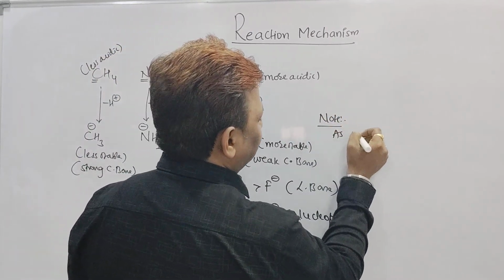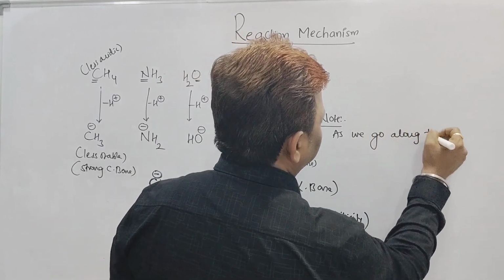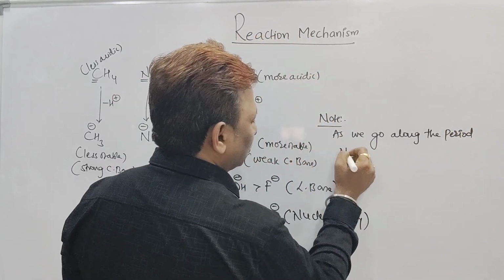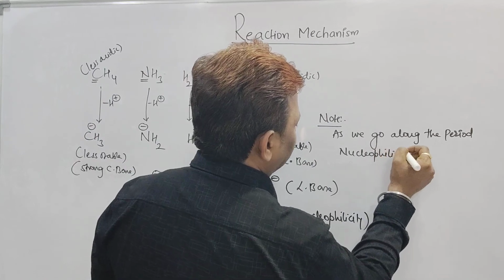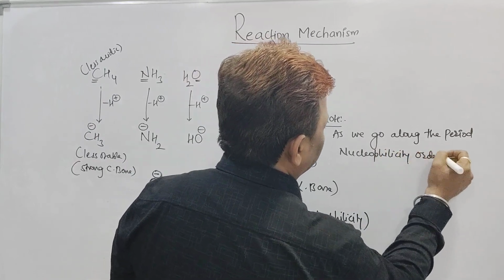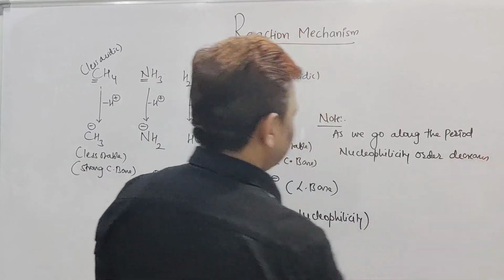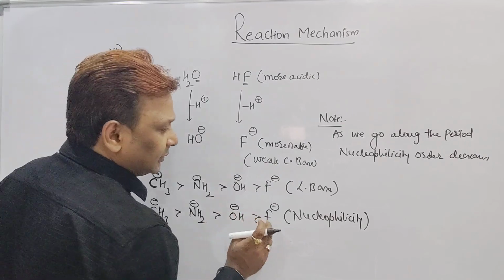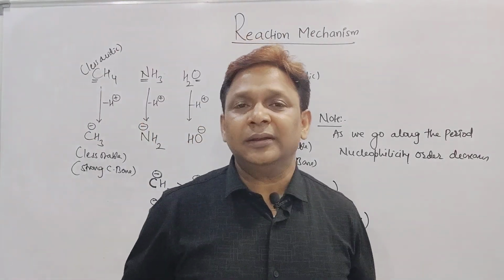As we go along the period, what will happen to the nucleophilicity order? Nucleophilicity order decreases. Did you see, beta? CH3 negative has more nucleophilicity than the F negative. So as we go along the period, nucleophilicity order decreases.